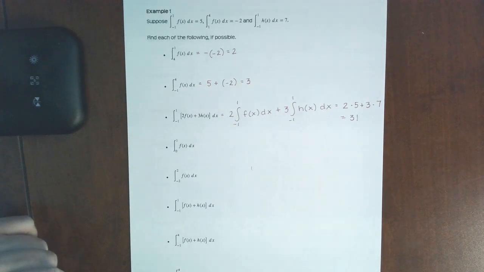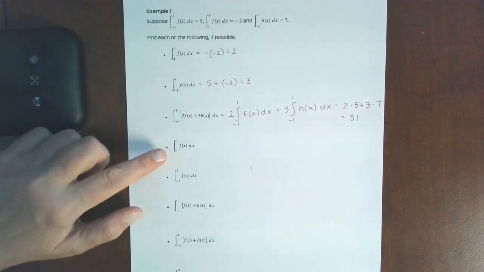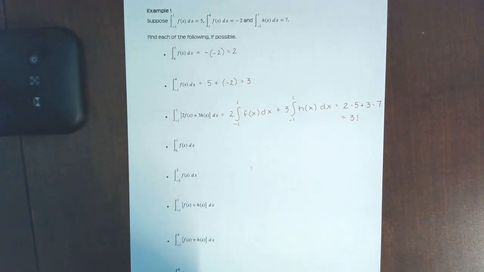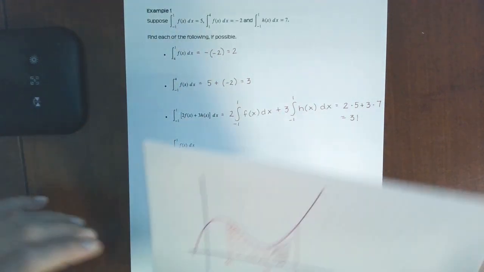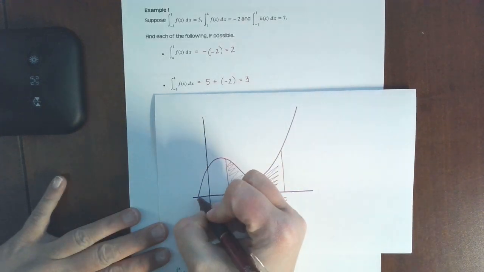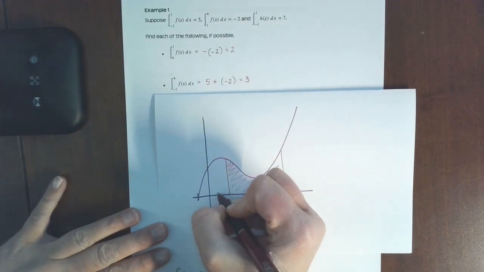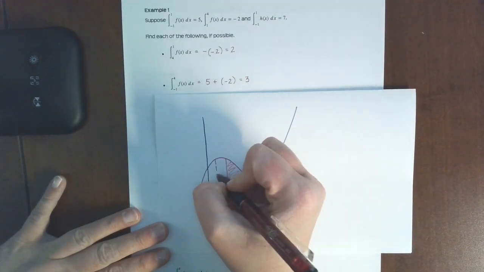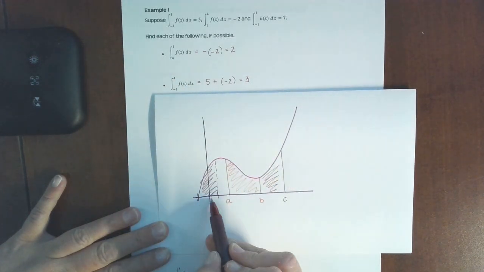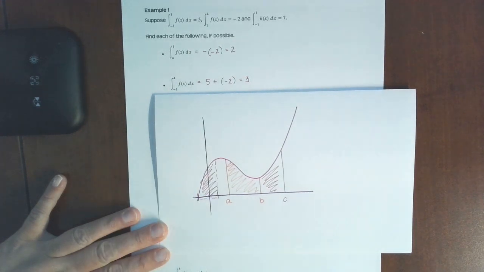And so what I see a lot of people do with questions like this is they want to just say, oh, we can just cut that 5 in half. But we don't know that this area is symmetrical. I mean, even just using this picture we were using a second ago, if I was looking at it from negative 1 to 1, right, and I was looking at this area, I can't say that this area is exactly half and this area is exactly half, right?